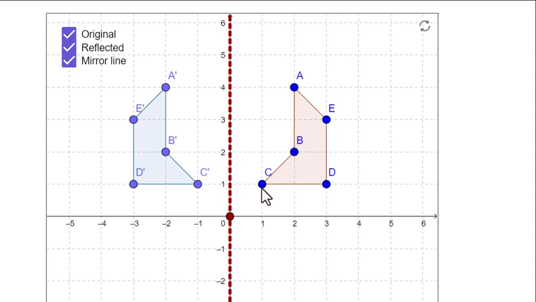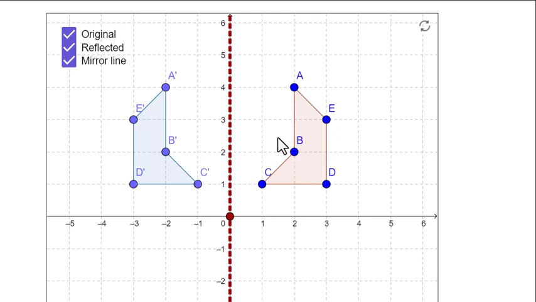And the way that you do it on a coordinate plane is, whatever line you're reflecting across, every single point in the shape needs to be equally distant away from that line. So essentially, like this point C, when you reflect it across the y-axis, where it was originally 1 unit away from the y-axis, it's going to also be 1 unit away from the y-axis, but in the opposite direction.